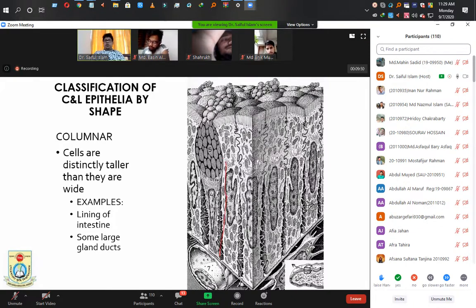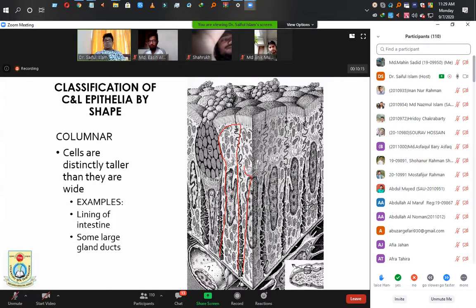Here's one columnar cell, and here's another columnar cell. Just look at the shape. Definitely the length is higher than the breadth, so it looks tall.